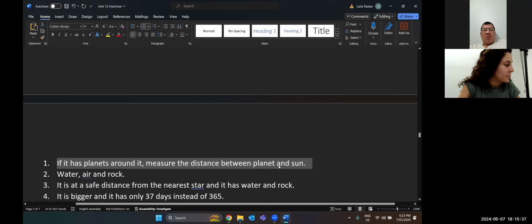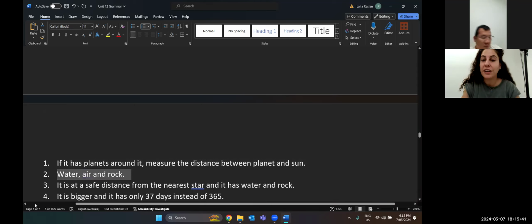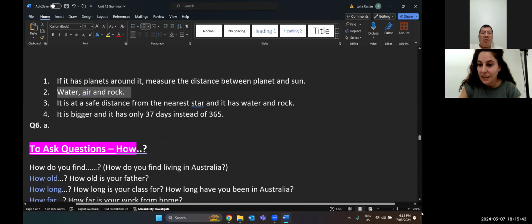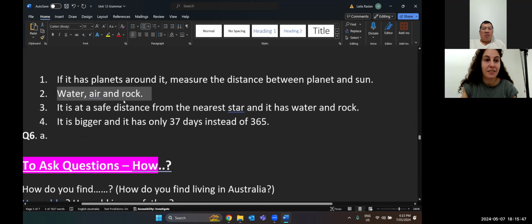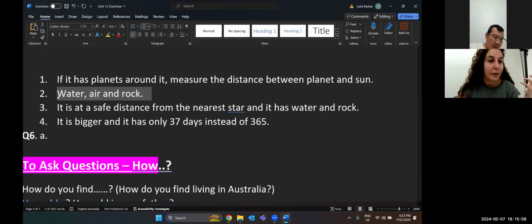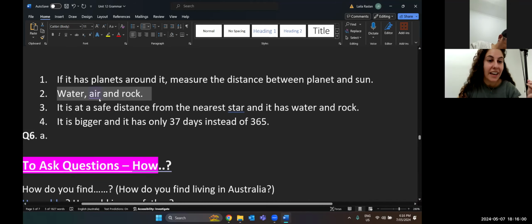And when they find a new planet, what do they look for? We know the 3 most important things that we need to survive: water, air, rock. So if you find these 3 things in another planet, then life can be there. But we need water, air, and rock.